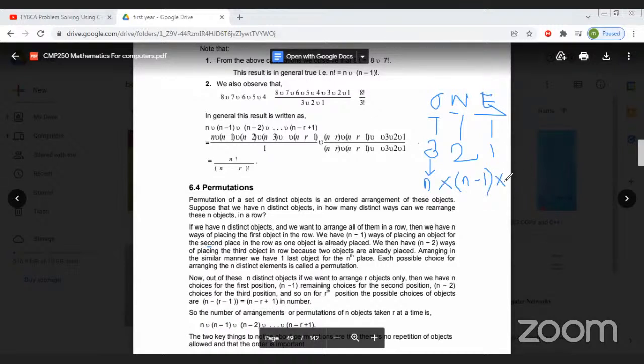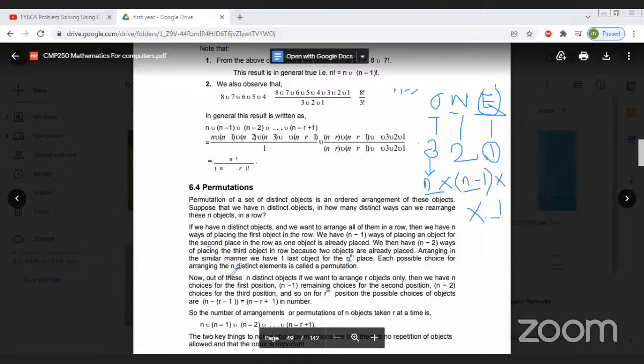But to be more specific, your last place is what? 1 over here, correct? So your selection should go up to 1. Understood this part? This was the selection of n distinct objects to be arranged in a row for the nth place. The third place, correct? And your n is 3 over here. So for the nth place you had 1. Same way, from this formula, the nth place will be 1.